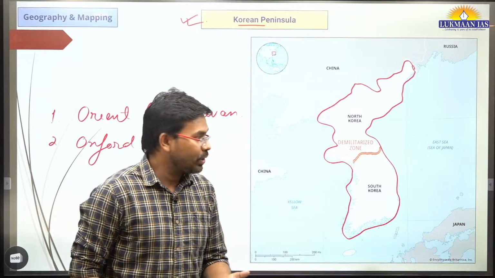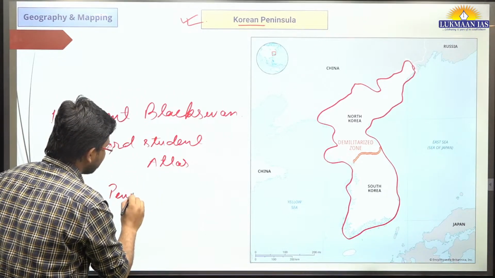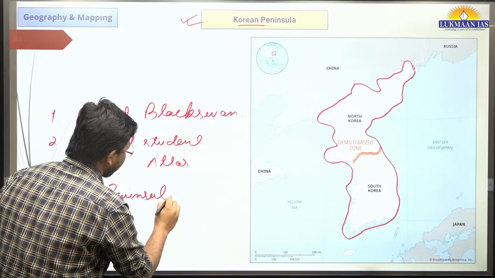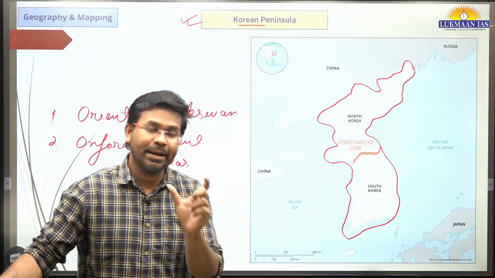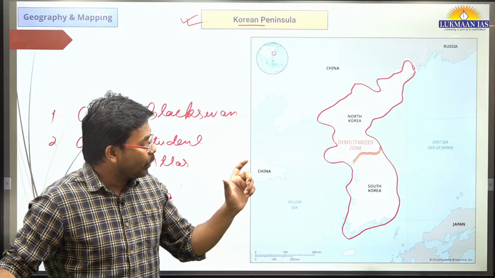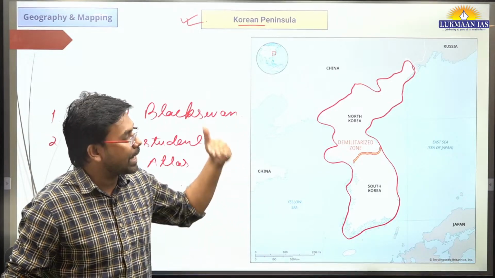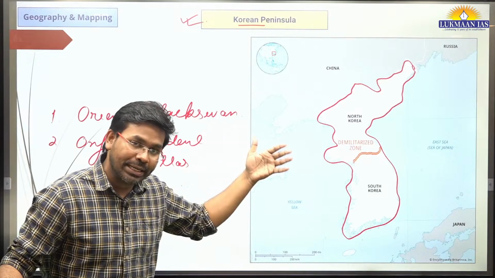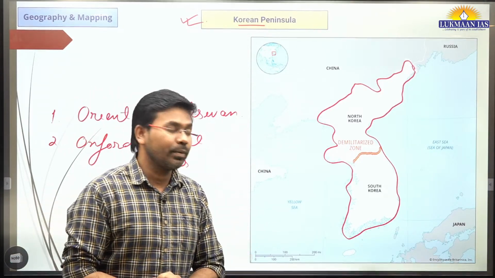If we talk about a peninsula as a geographical feature, what is a peninsula? A peninsula is a land mass which is surrounded by water from 3 sides. It has bordering land only on one side, but it is covered by water from 3 sides.